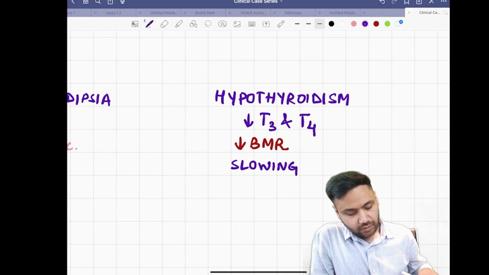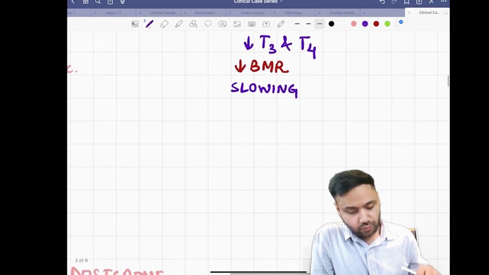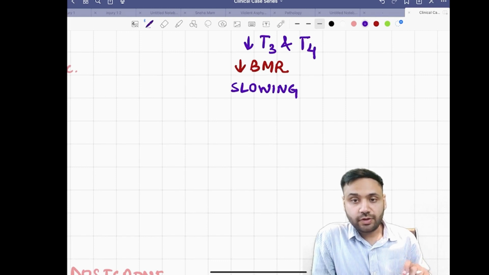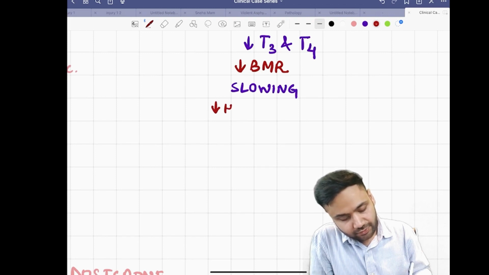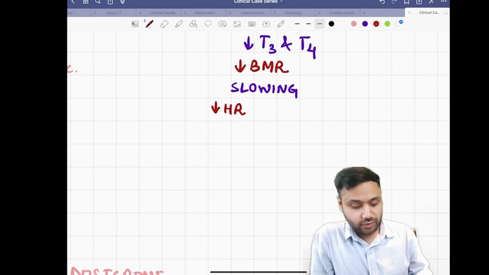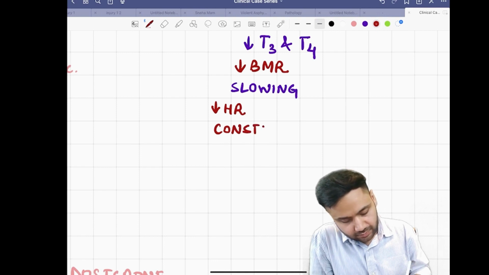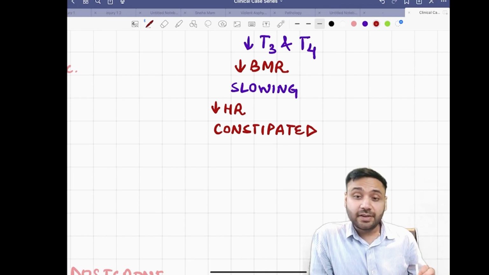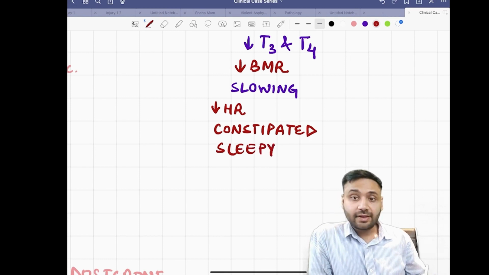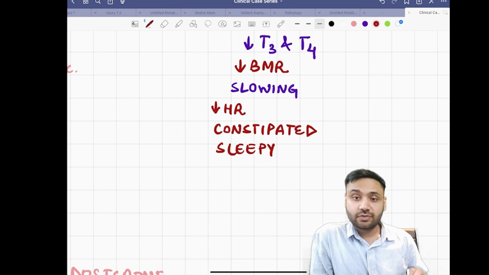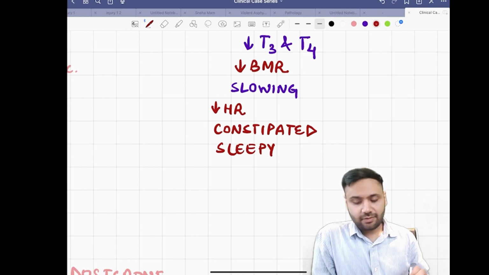Now, what does a slow body mean? The heart rate falls, the gut becomes slow, so the person becomes constipated. Because the brain becomes slow, the person becomes sleepy. And since the metabolic rate is low, the body's heat production slows down and the person becomes cold intolerant.